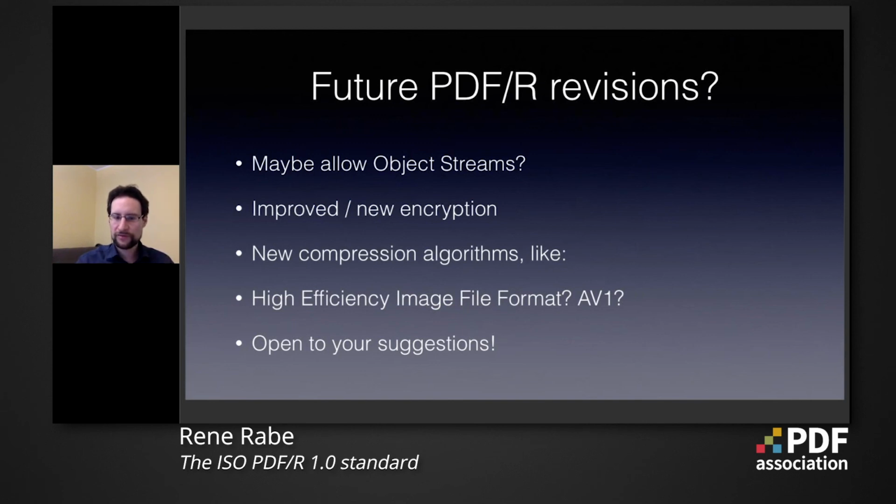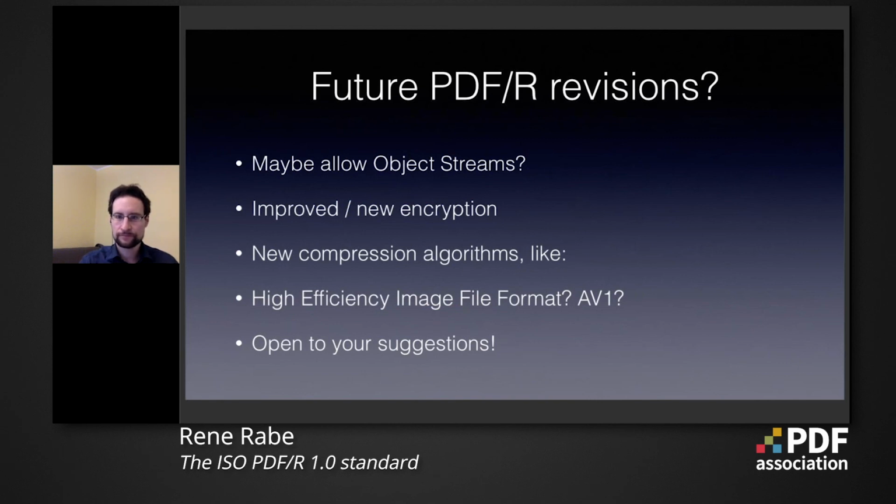But again, open to your suggestions. If too many libraries and archives say they need JPEG 2000, maybe that is also an option. But right now, at this current state, many members are rather asking for higher efficiency image file formats for the future.